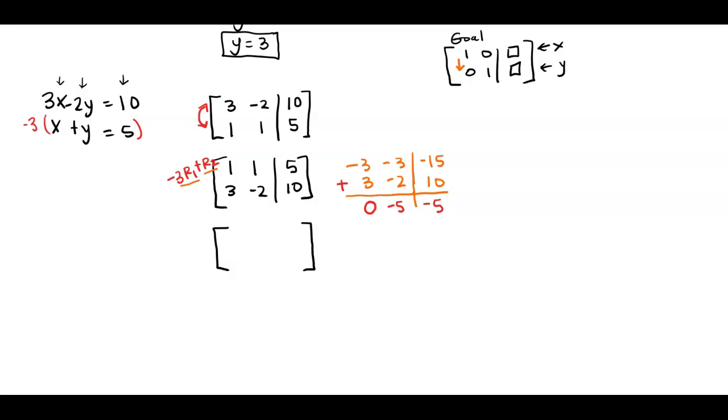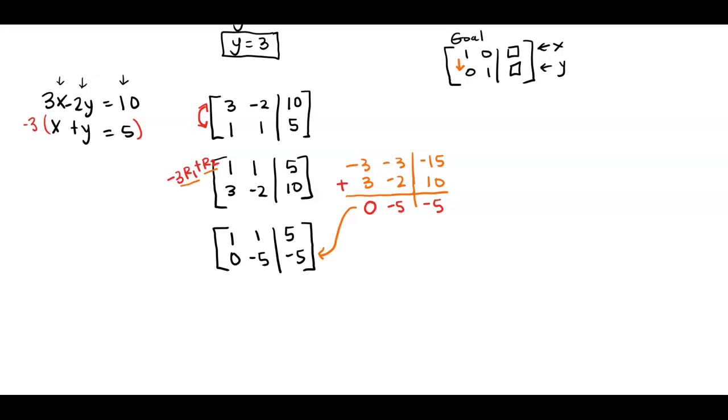So my row 1 is staying the same. The only thing that is changing is this is going to become my new row 2. All right, so my row 1 will still stay 1, 1, and 5. And then on the bottom, 0, -5, and -5.